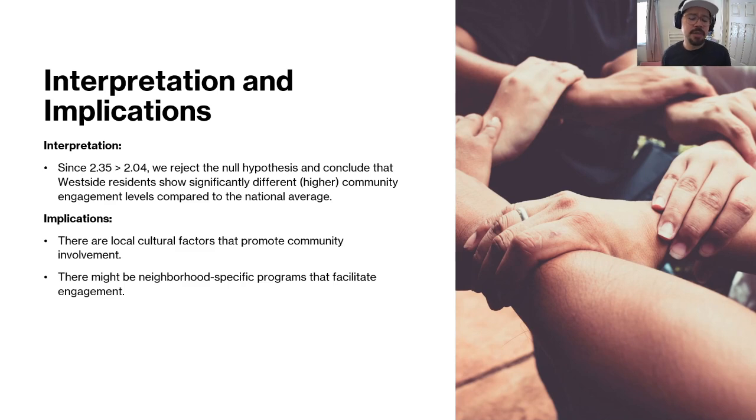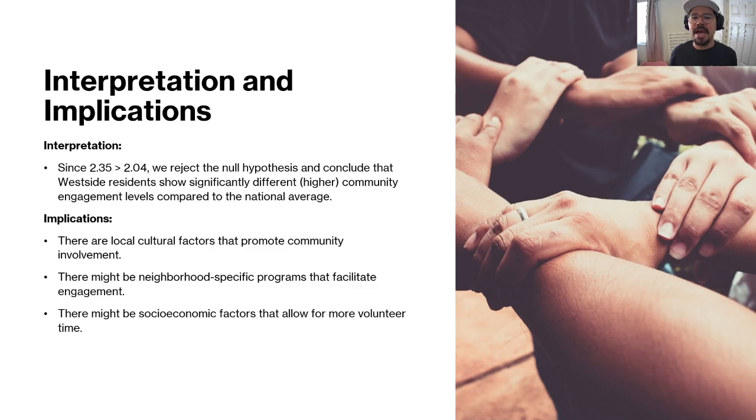There might be neighborhood-specific programs that facilitate engagement. Perhaps there's a community garden. Perhaps there's some sort of community-led effort around exercise or something like that, right? The idea being that there could be something specific to Westside that is promoting community engagement. There might be socioeconomic factors that allow for more volunteer time.